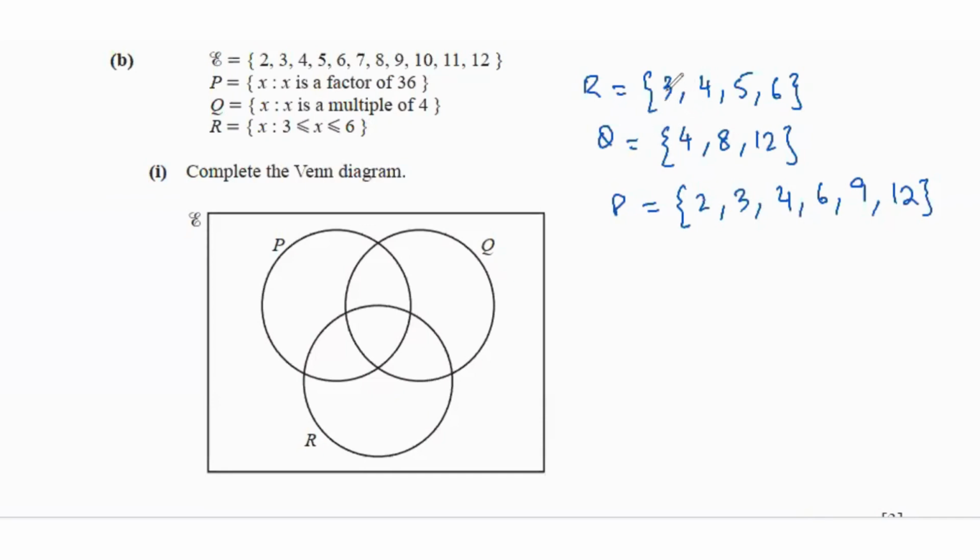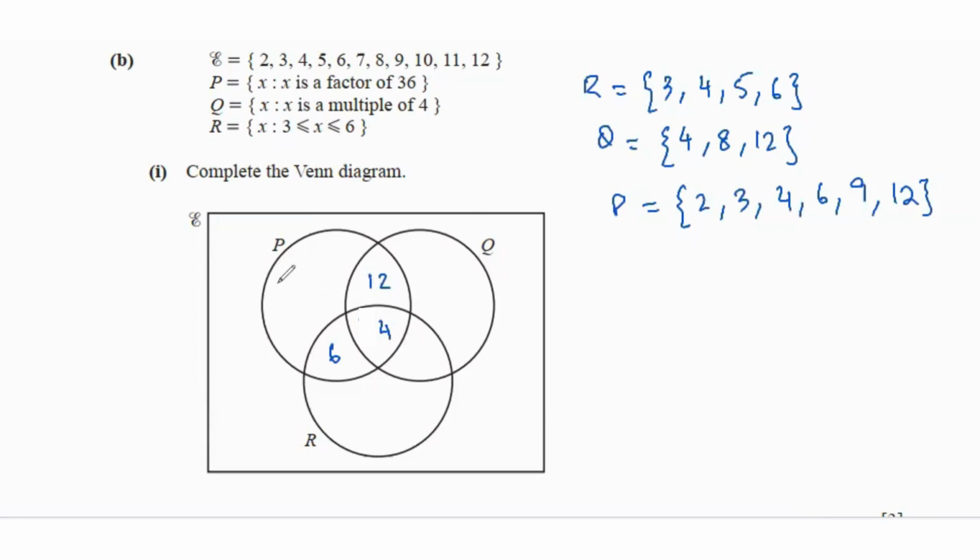So what's common over here? Common between P and Q, we have 12 common. Between P and R, we have 6 common. And between Q and R, we have 3 and 4.